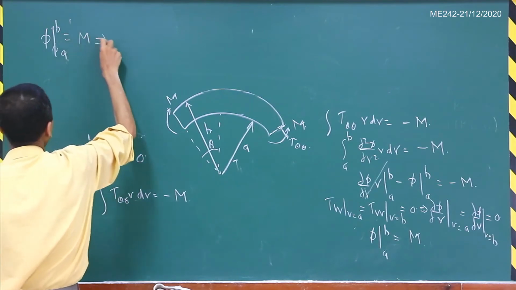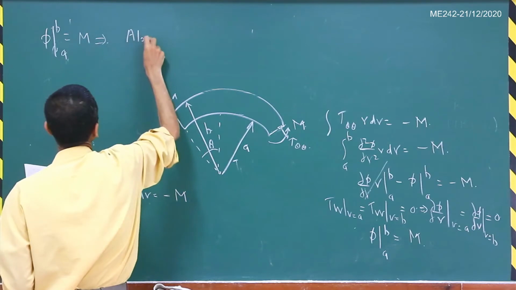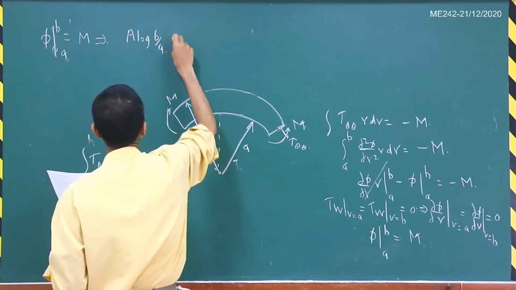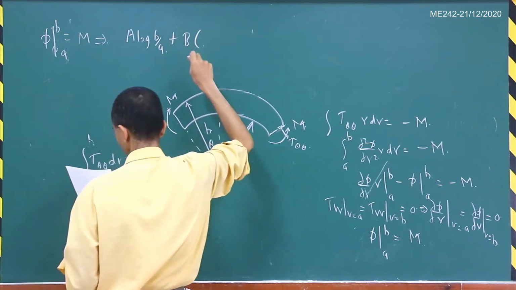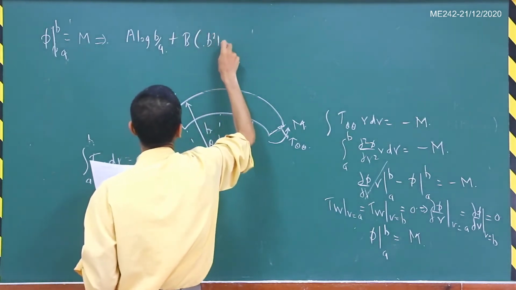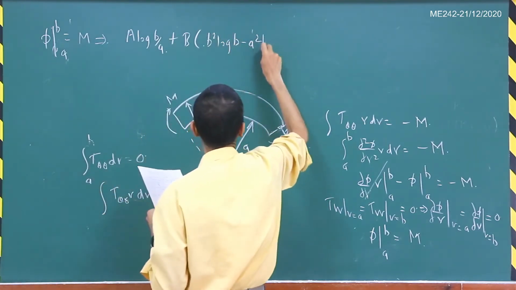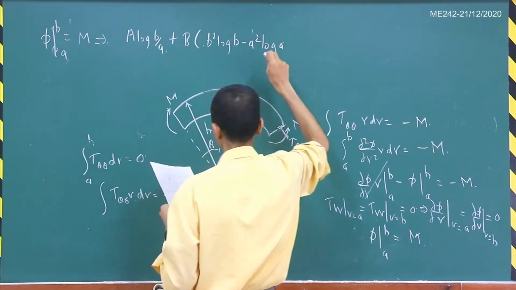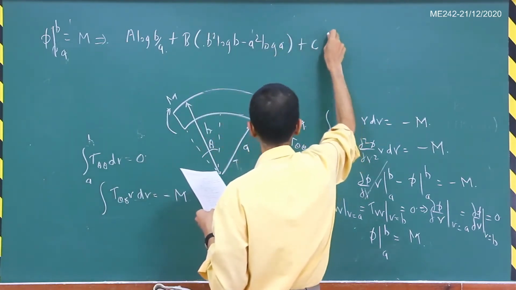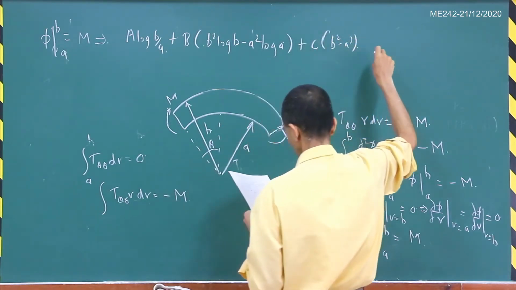Now this will imply a log b by a plus b times b square log b minus a square log a plus c times b square minus a square is equal to n.